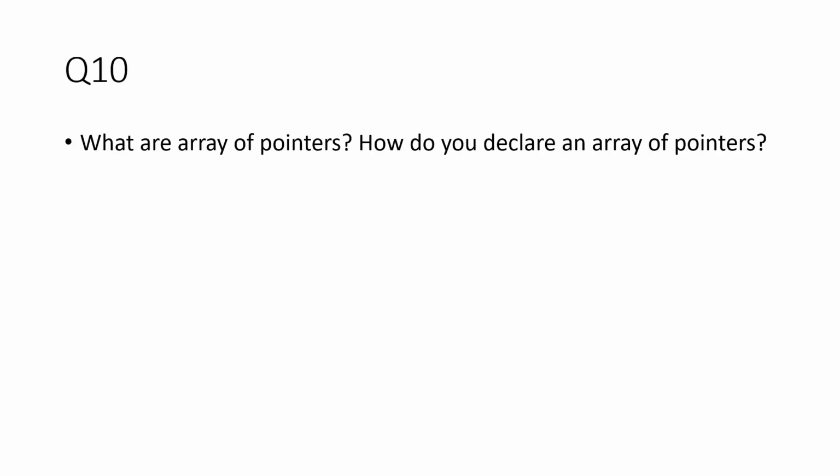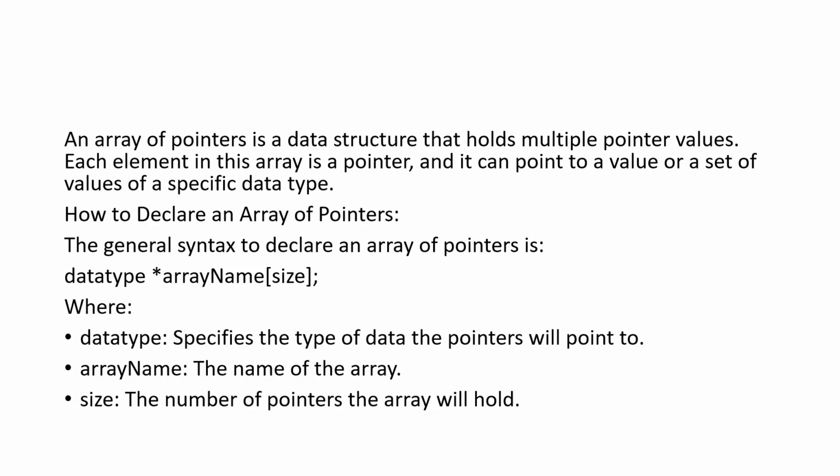What are arrays of pointers? How do you declare an array of pointers? An array of pointers is a data structure that holds multiple pointer values. Each element in this array is a pointer and it can point to a value or a set of values of a specific data type. How to declare an array of pointers?